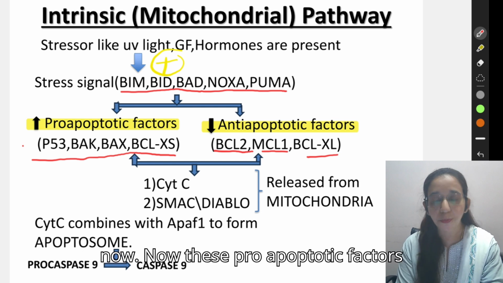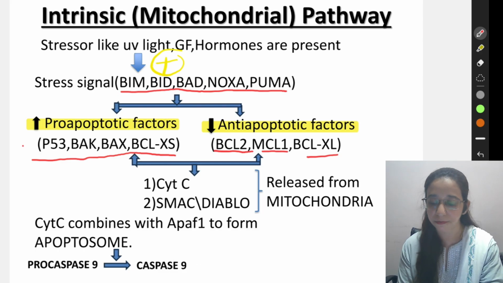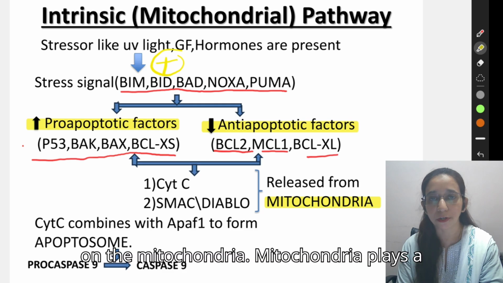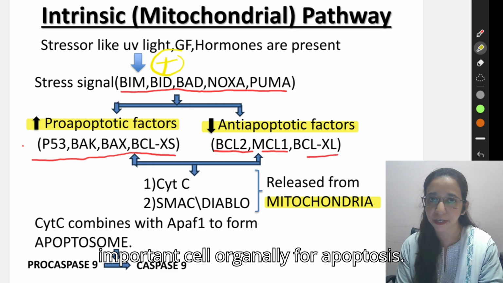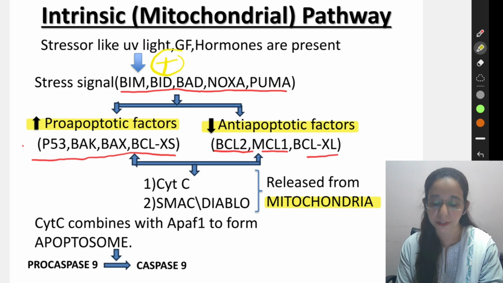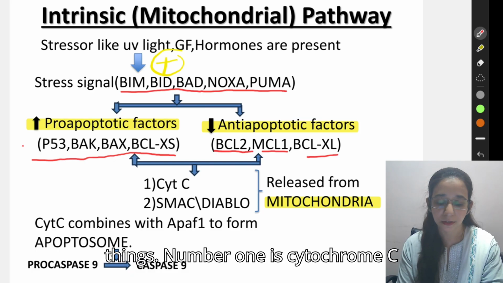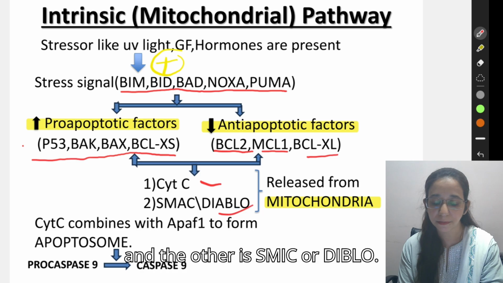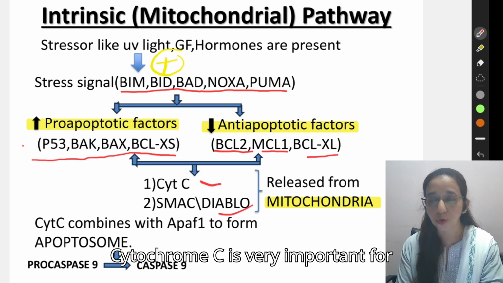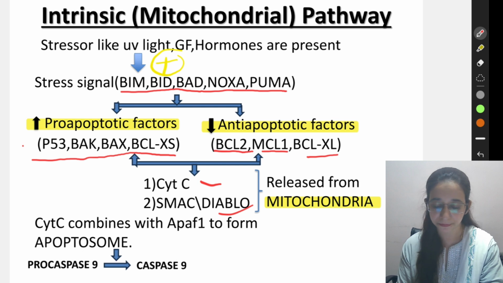Now these pro-apoptotic factors will act on mitochondria. Mitochondria plays a pivotal role in apoptosis. It is a very important cell organelle for apoptosis. This mitochondria will release two things: number one is cytochrome-c and the other is SMAC or DIABLO. Cytochrome-c is very important for apoptosis. Always remember that.